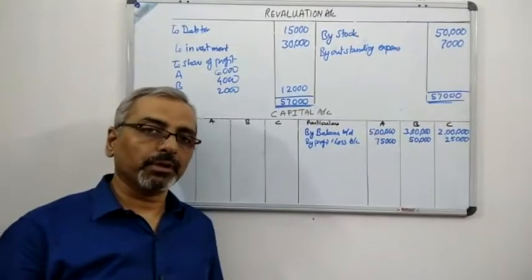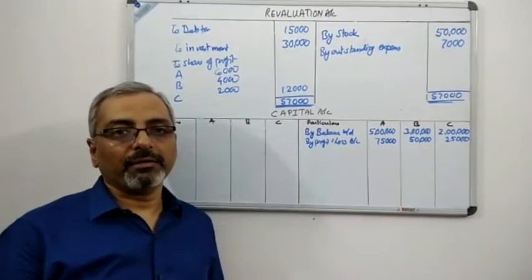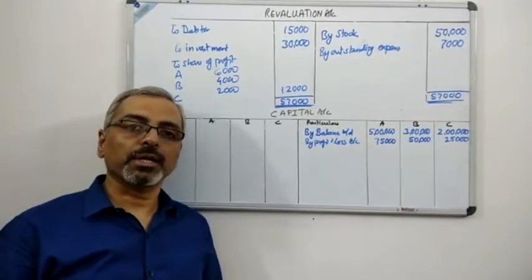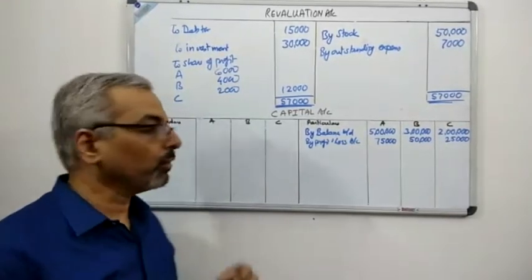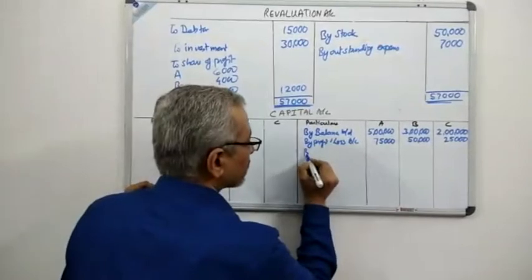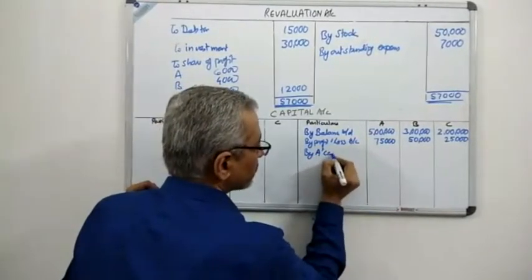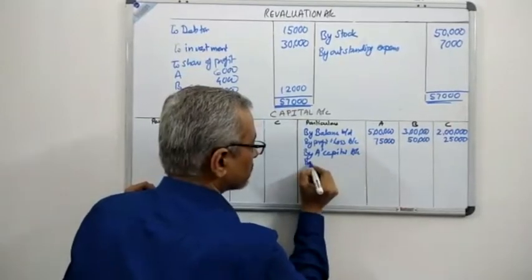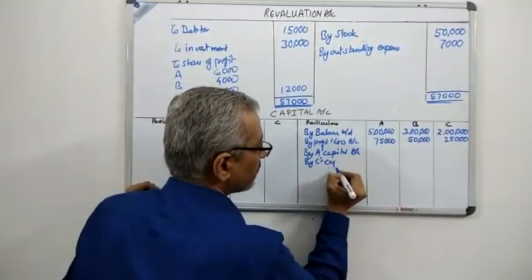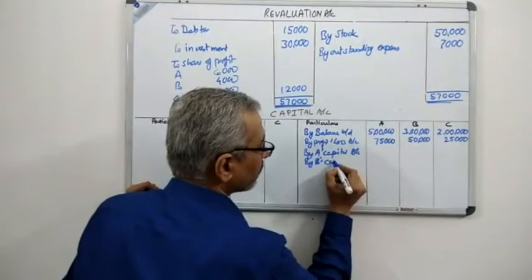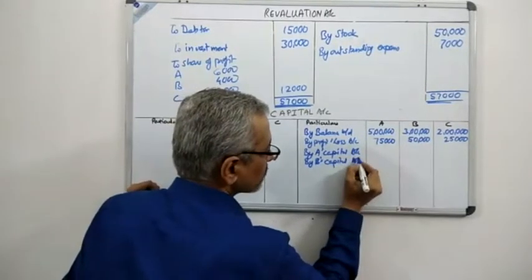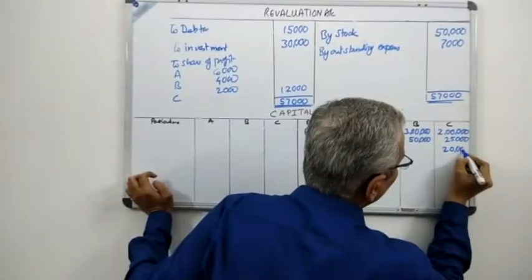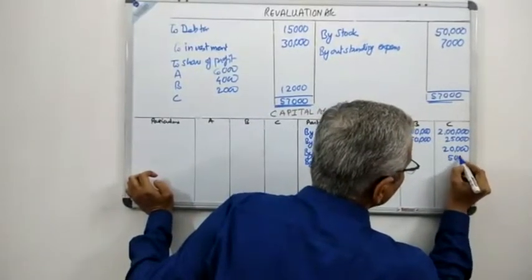Now, if you remember the treatment of goodwill, 25,000 in the ratio of 4:1. Why? Because C has sold his share in the ratio of 4:1. So, we'll do the entries for that by A's capital and by B's capital because C has retired, and the amount will be 20,000 and 5,000 respectively.